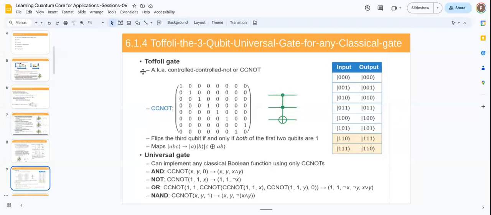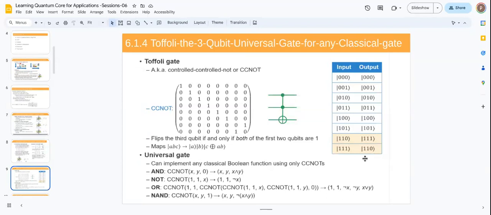The Toffoli gate is described by the inputs 0, 0, 0 up to 1, 1, 1. In Toffoli, it is control of control. That means if the control bit is 1 and the control of another control is 1, then it flips. So 1, 1, 0 flips to 1, 1, 1. Control of control is 1, 1, therefore the last one flips. So only 1, 1, 1 and 1, 1, 0 flip.